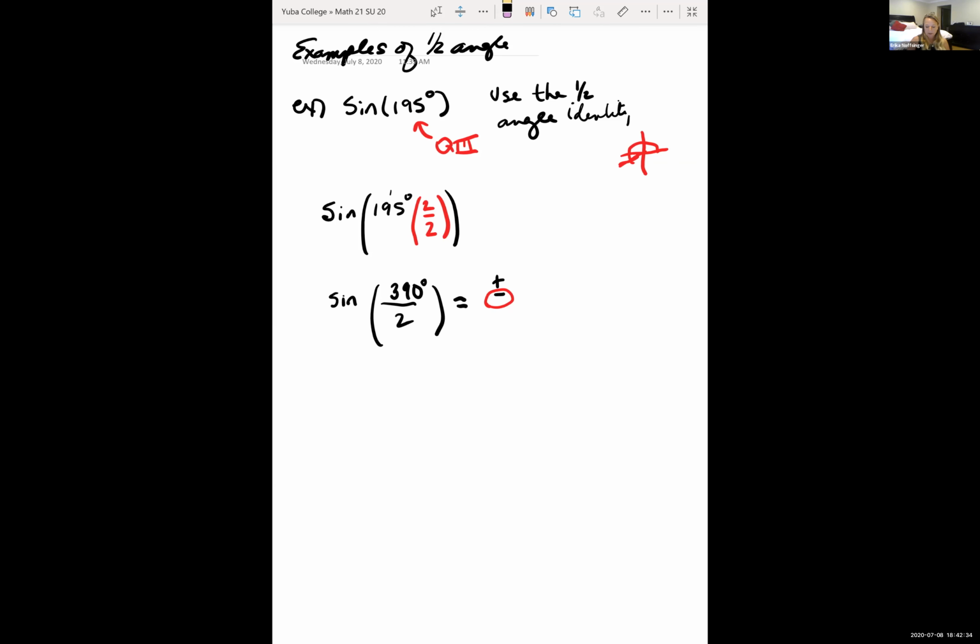So we're going to use the minus sign with this. And then it's the square root of 1. This one is a sine, so we're going to use minus. And then it's cosine of our numerator, 390 degrees, all over 2.